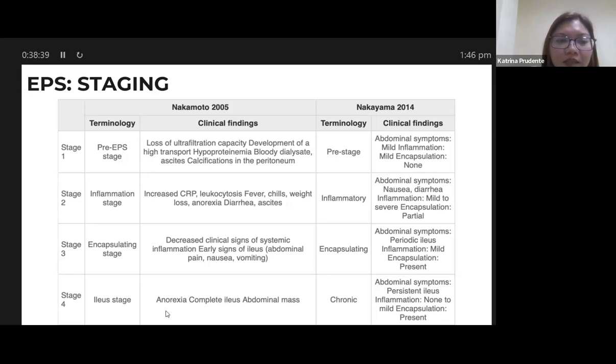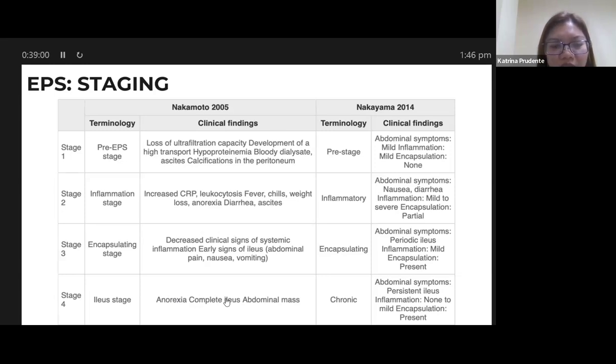Stage 3 is the encapsulating stage. There is a decrease in clinical signs of systemic inflammation. However, there will be early signs of ileus like abdominal pain, nausea, and vomiting. The symptoms would include periodic ileus and mild encapsulation. Stage 4 is the chronic stage.